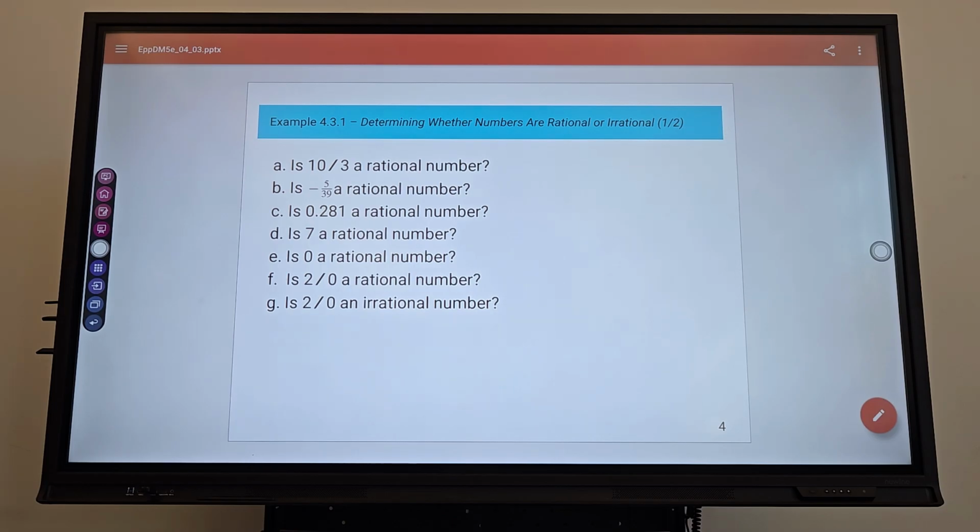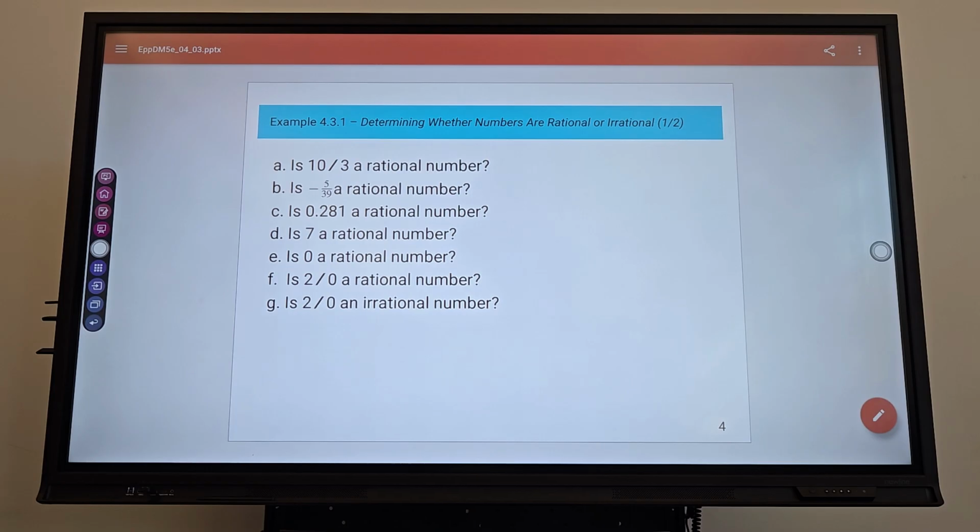Is 0.281 a rational number? Yeah, 281 over 1,000. Two integers. Is 7 a rational number? Yes. Is 0 a rational number? Yeah.